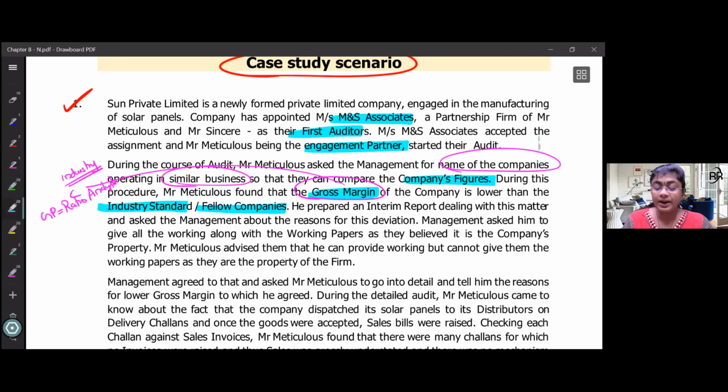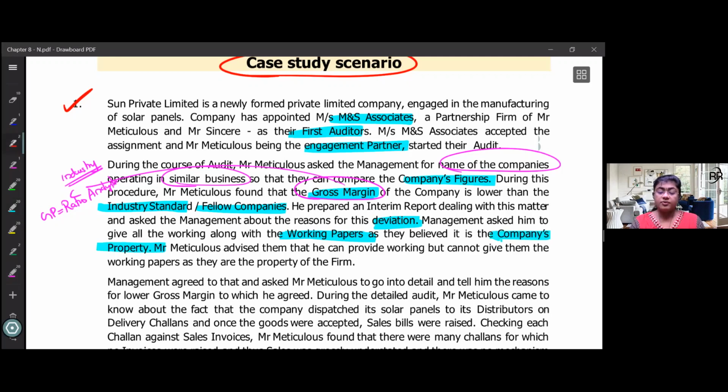He had prepared an interim report dealing with this matter and asked the management about the reasons for deviation. In analytical procedures, we trace fluctuation or deviation only. Management asked him to give all the working along with the working papers, as they believed it is the company's property.